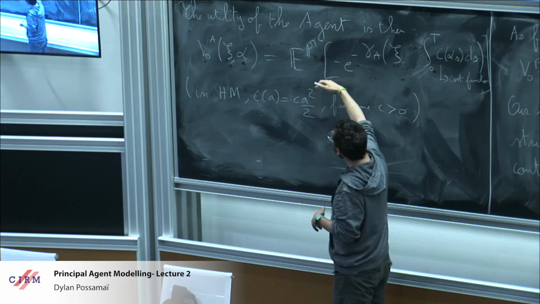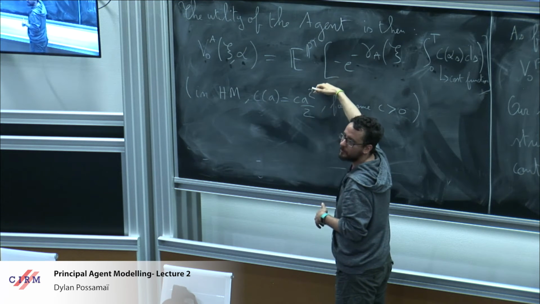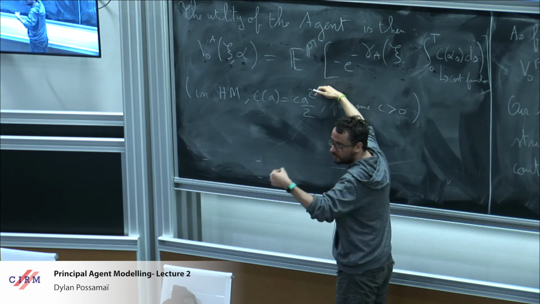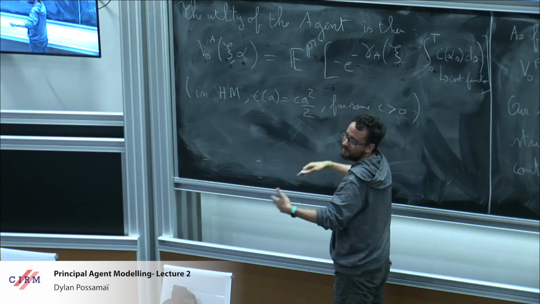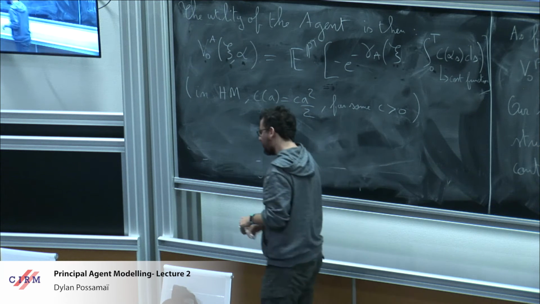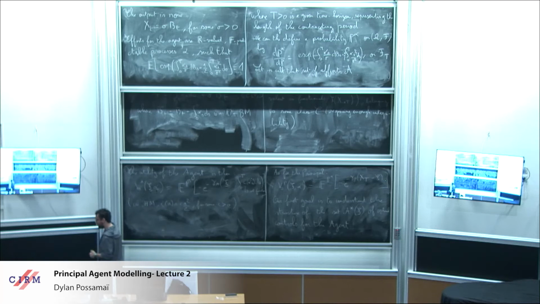So the reasons are, historically speaking, those contract theory problems are written under weak formulation in the static model, so it makes more sense to do it like that. And practically speaking, it's also easier for many of the things I'm going to show you to work with the weak formulation.